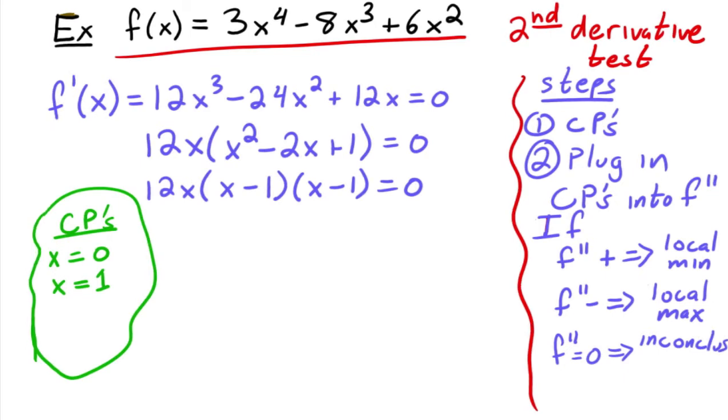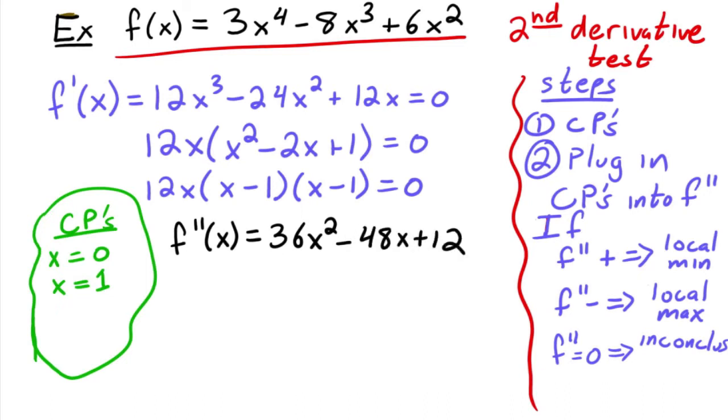Okay, so let's find the second derivative then. I get the derivative of the first derivative, so that would give me 36x squared minus 48x plus 12. Okay, so let's plug in 0. If I plug in 0, I get 36 times 0 squared minus 48 times 0 plus 12.